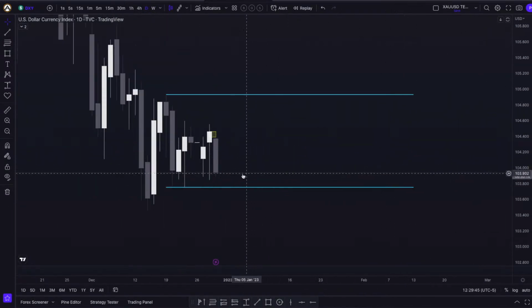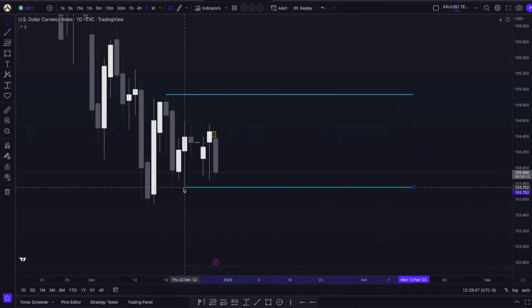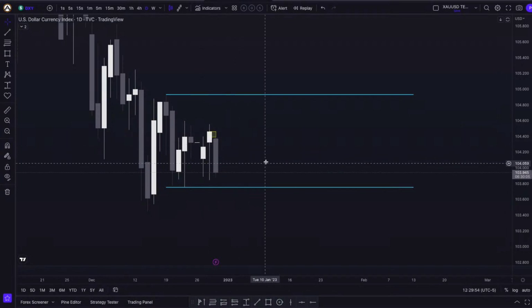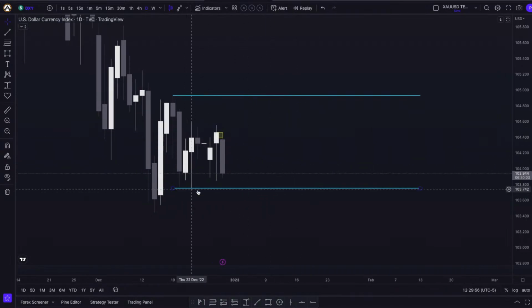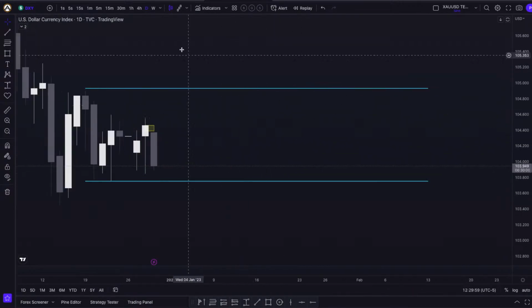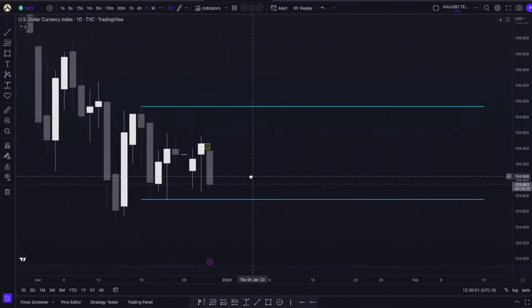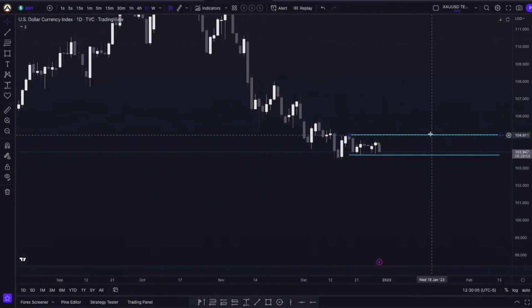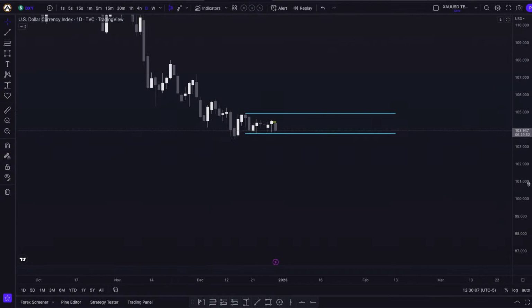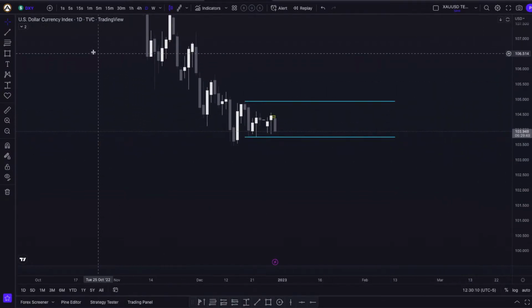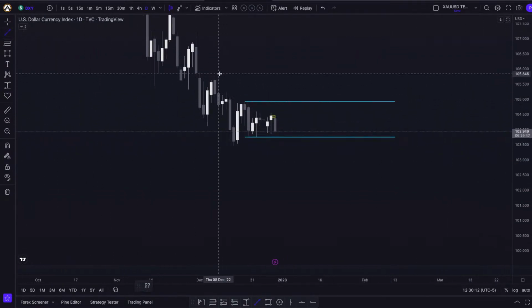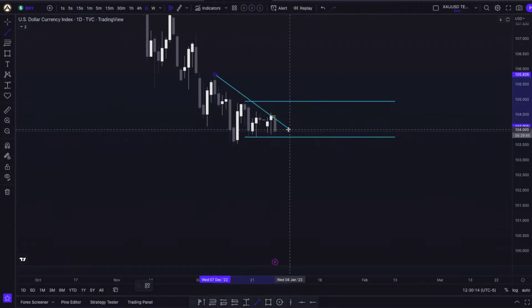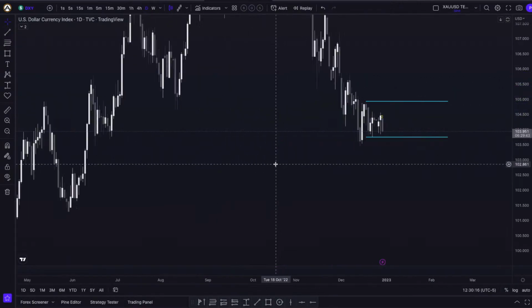On the daily we also see that for the past 1, 2, 3, 4, 5, 6, 7, 8 days, we have not extended this range. Now it would be hard to form your bias. The only thing it's really doing is consolidating, keeping it calm before we will see what happens on the 1st of January or the 2nd of January and everything. So that's going to be really interesting.